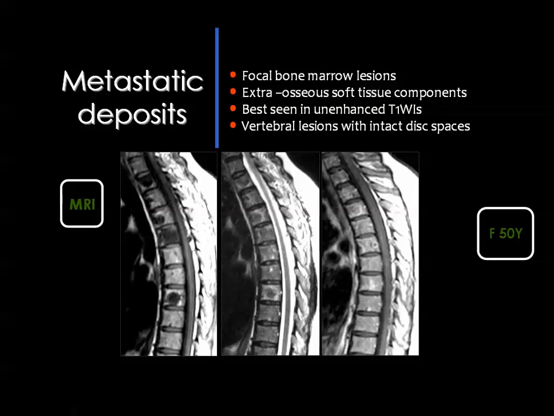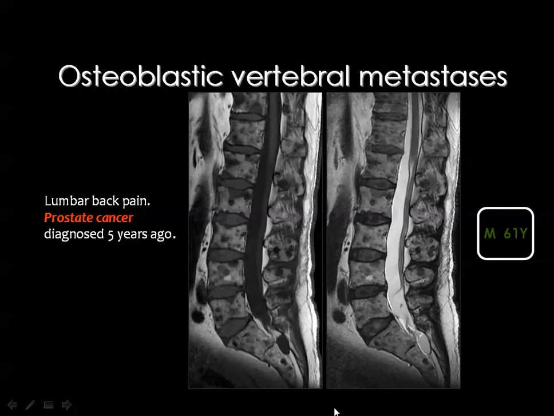Then this is not a good policy, to inject the patient with gadolinium in cases searching for metastatic deposits, because metastases are very well appreciated in the T1 weighted images before contrast injection, especially in the sagittal plane, as you all know. Then whenever the metastases are sclerotic, they will appear black in the T1 and also black in the T2 weighted image, and many times they do not enhance with contrast.